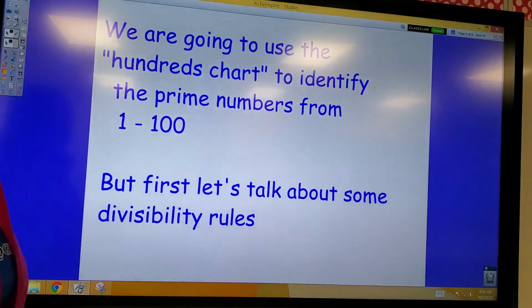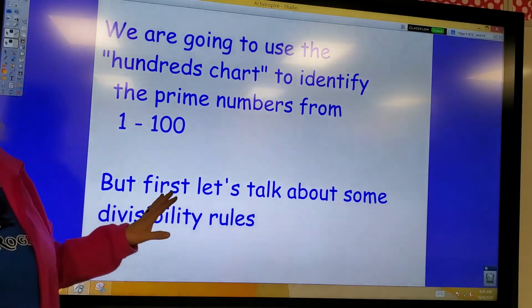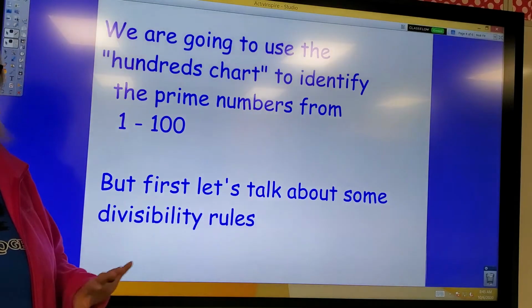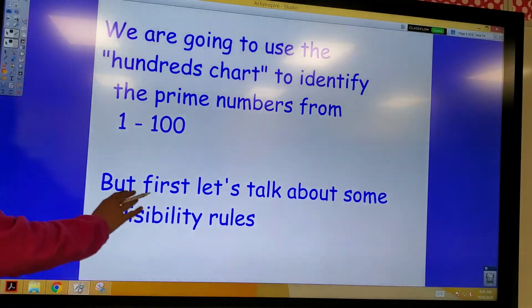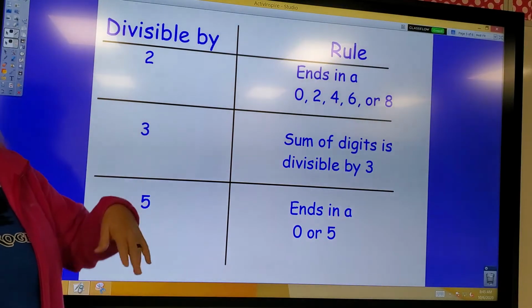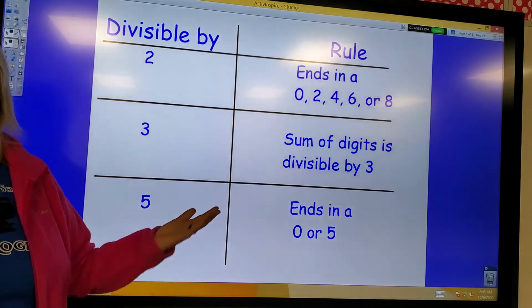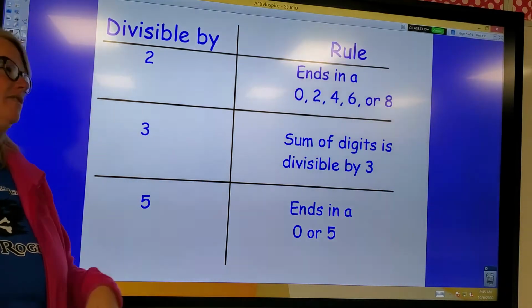So before we start identifying those on the hundreds chart, we are going to talk about the divisibility rules of a couple numbers just to help us out a little bit, okay? And I know you talked about those in 6th grade. So if a number is divisible by 2, that means that it ends in a 0, 2, 4, 6, or 8. So basically it's an even number if it's divisible by 2.